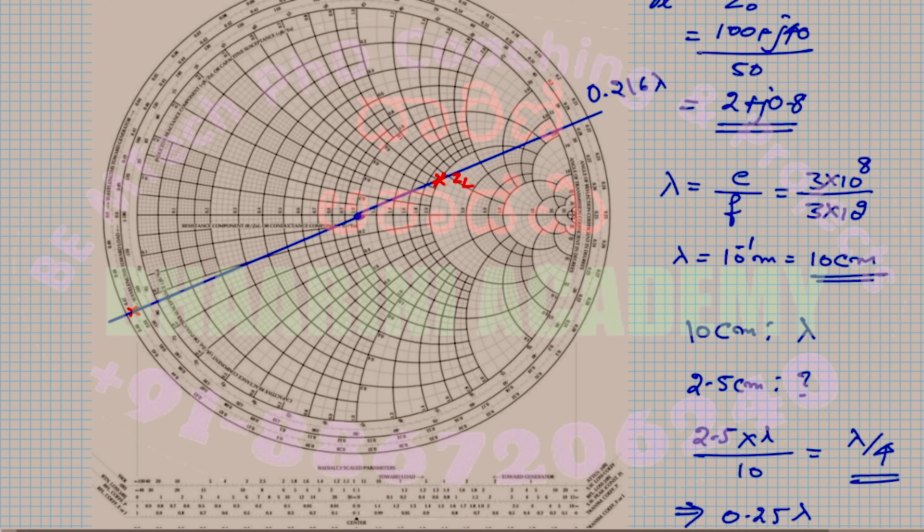So this value is now 0.466 lambda. So what's the impedance is the question. So draw a circle like this and reach this point.